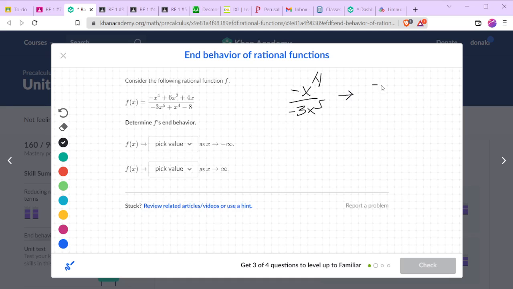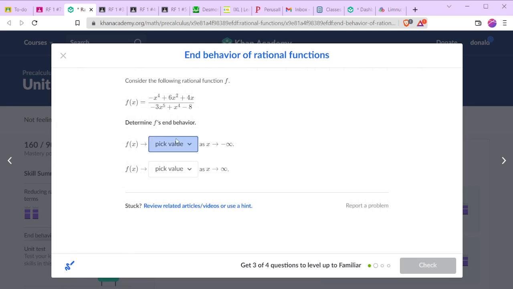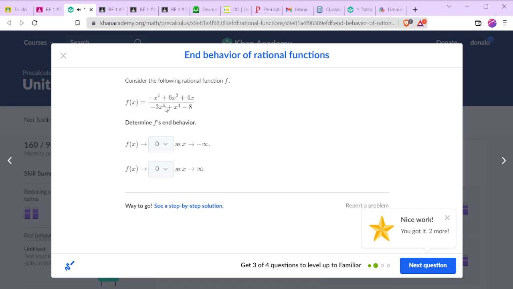That is 1 over 3x. As x goes to infinity, this will go to 0, because that x in the denominator is just going to swamp everything else. So anytime the degree of the denominator is higher than the degree of the numerator, that rational expression will go to 0.